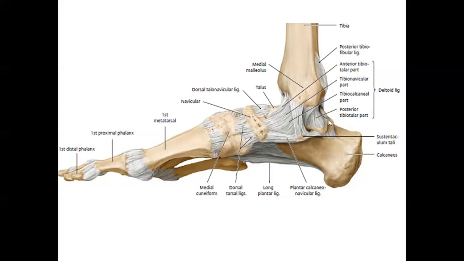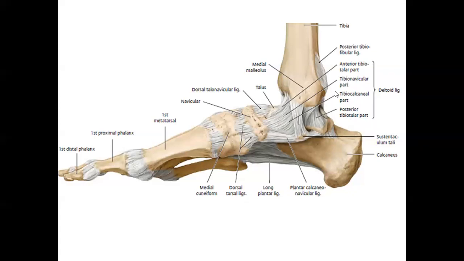Then a posterior part that goes to the medial tubercle and the adjoining medial surface of the body of the talus is known as the posterior tibio-talar part. Then we have a deeper part, the anterior tibio-talar part, which is attached to the medial surface of the body of the talus. So all of these together form the deltoid ligament.